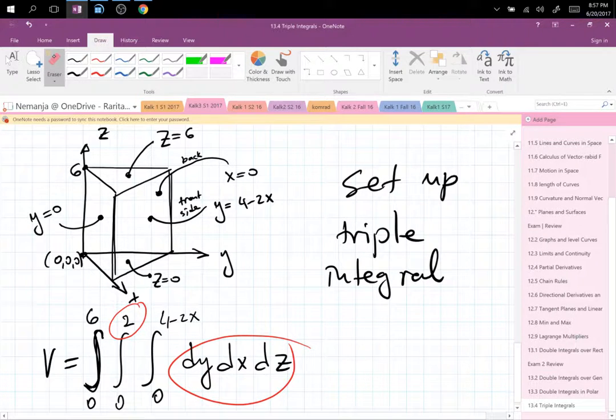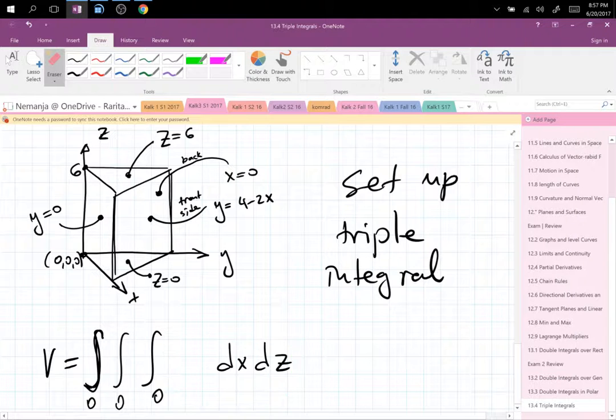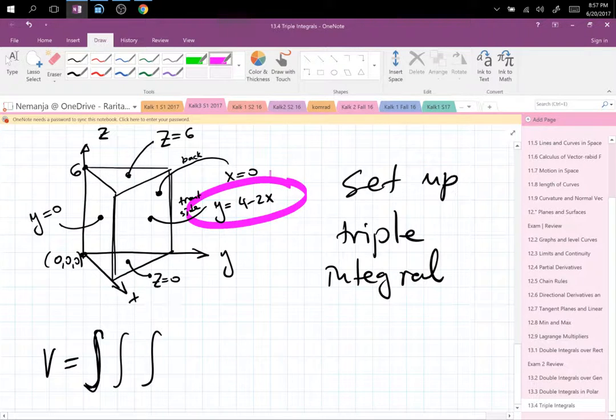So I'm going to redo all of it one more time. I notice that y has the equation to it, which is the reason why I'm going to put dy on the inner side. And its limits are immediately 0 to 4 minus 2x, because those are the y's that I have.